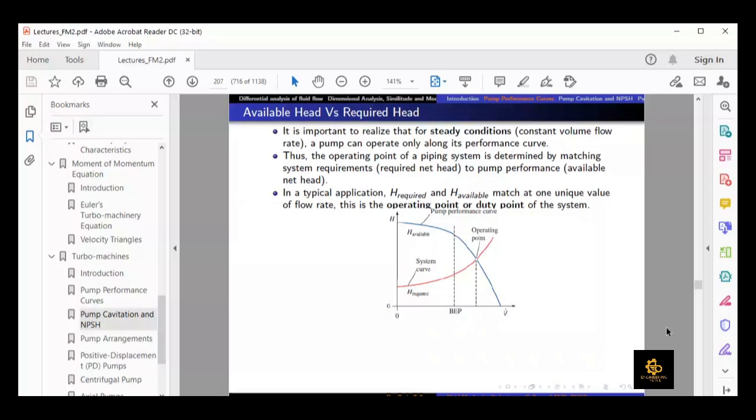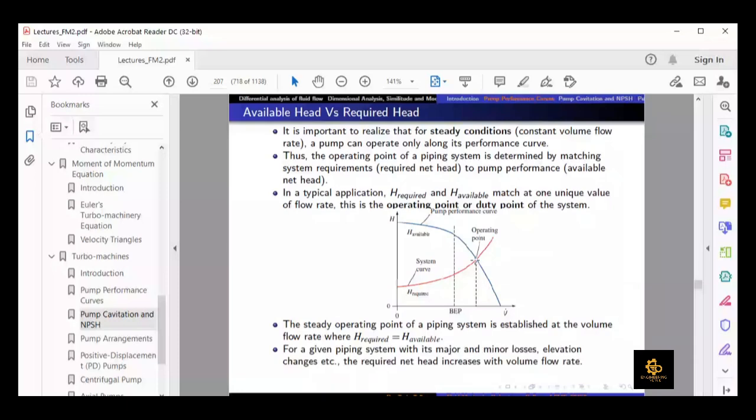We are going to do one numerical problem after this discussion, on how to calculate these things and see whether the pump selected is in the acceptable range of the volume flow rate. Maybe 5 to 10 minutes we will spend on that numerical, right? So for the best performance, if we can select a pump in which the operating point is closest to the best efficiency point, that would be the ideal condition for us, right? I had told you why available head decreases and required head increases.